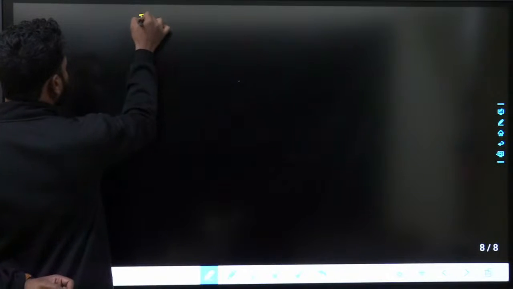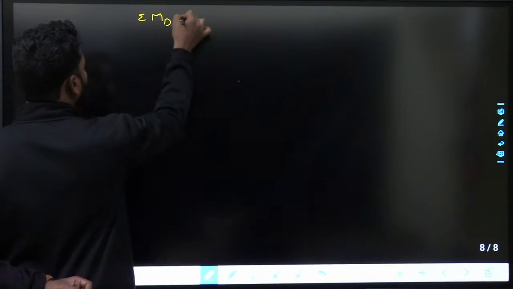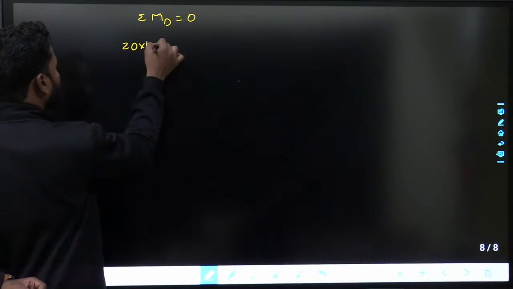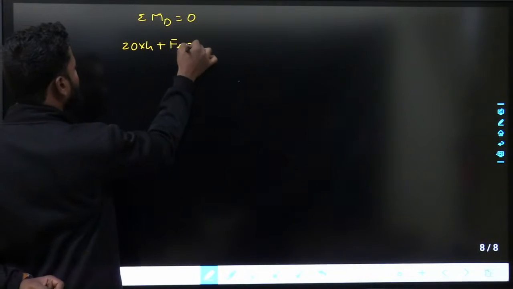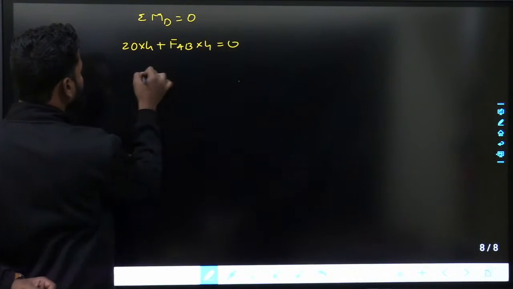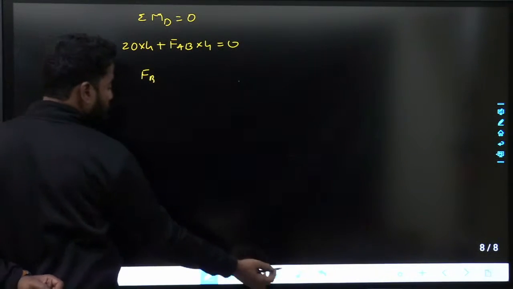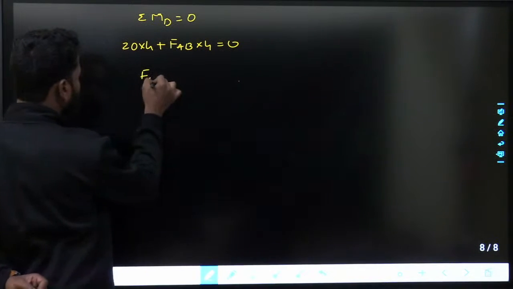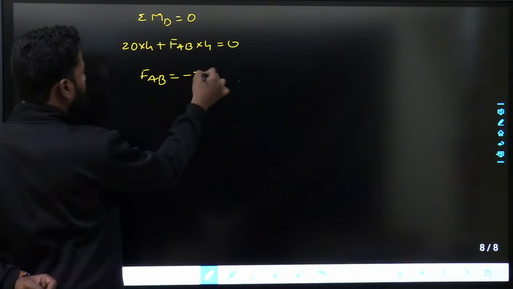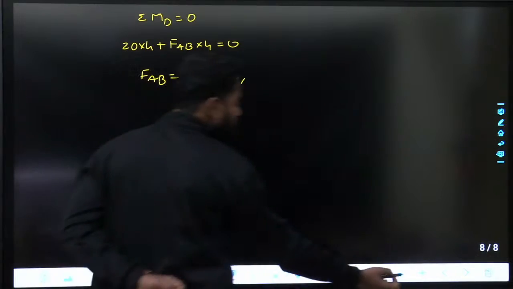So taking summation of moments about D equals to 0, 20 multiplied with 4 plus FAB multiplied with 4 equals to 0. So FAB equals to minus 20 kilonewtons.